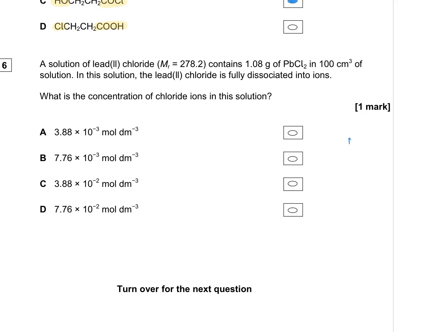So we've now got a fairly simple concentration calculation. So if we can work out how many moles of lead chloride there are, if there's 1.08 grams and we know the Mr, we can work out the number of moles. So grams divided by the molar mass.